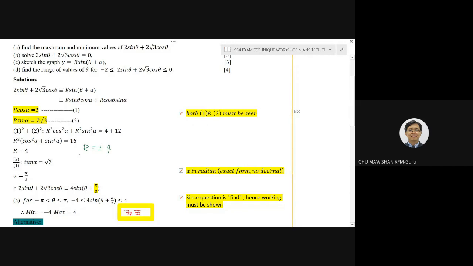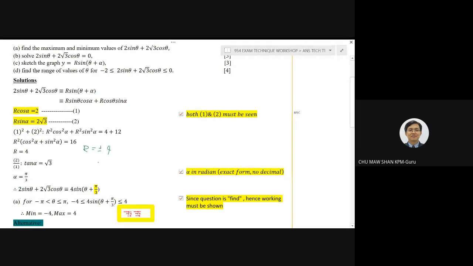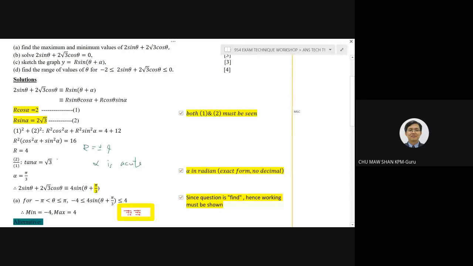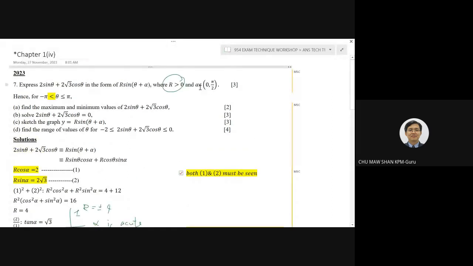Never go more than that because alpha is acute. It must only be in the first quadrant. Don't go looking for angles in the third quadrant, where tangent is also positive. No, because it is already clearly defined that alpha is in the first quadrant.